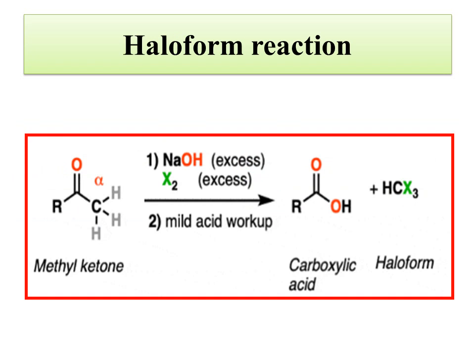Next is the preparation of carboxylic acid through the haloform reaction. This reaction serves to oxidize specifically a methyl ketone to a carboxylic acid containing one carbon atom less than the parent ketone.